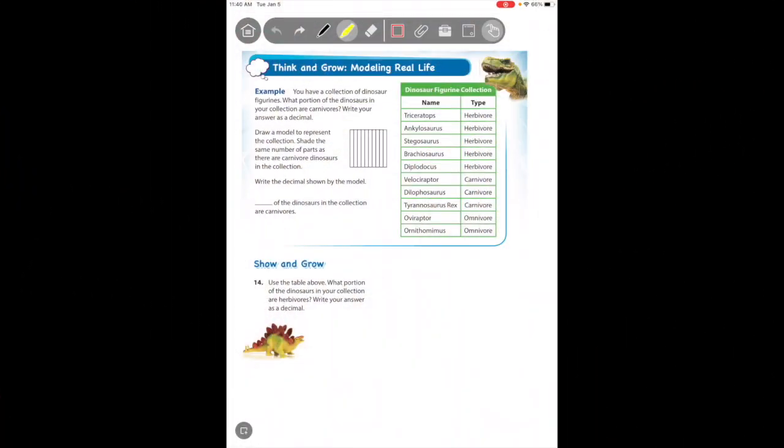Okay, here's the last type of word problem that you'll see on your assignment. We have a chart right here with lots of different information. So let's read the example. You have a collection of dinosaur figurines. What portion of the dinosaurs in your collection are carnivores? Write your answer as a decimal. So we are finding the type of dinosaur from here.